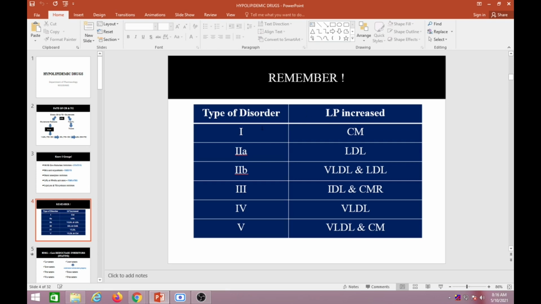In severe cases of type 1, we only require dietary modification and behavioral changes. From 2A we need therapy, either in the form of drugs or severe lifestyle modification and dietary changes. In 2A the increased lipoprotein is LDL, 2B is VLDL and LDL, type 3 is IDL and chylomicron remnants, type 4 is VLDL, and type 5 is VLDL and chylomicron.